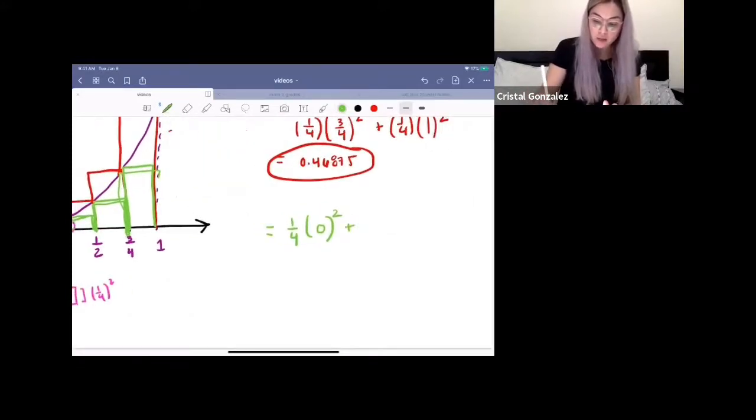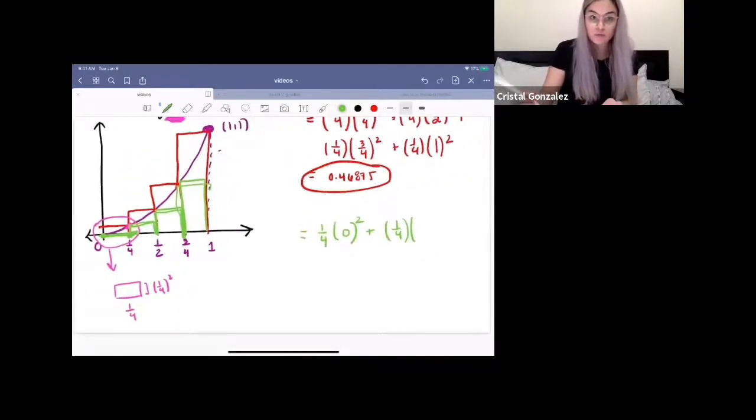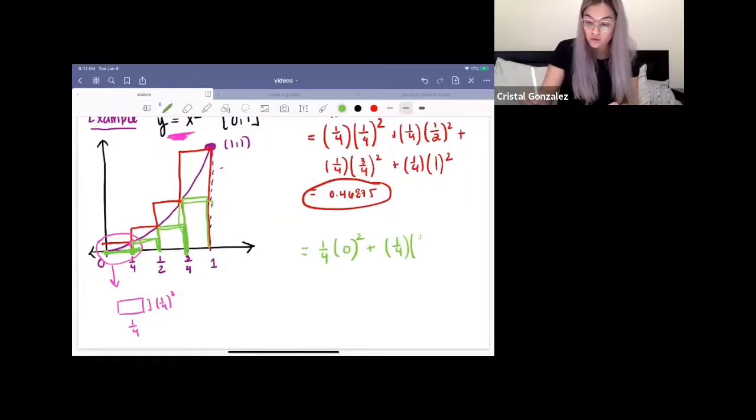And then my next one is going to be 1/4 times 1/4 squared, plus 1/4 times 1/2 squared for the next rectangle, and then plus 1/4 times 3/4 squared. And then notice I don't actually get to hit that one spot.